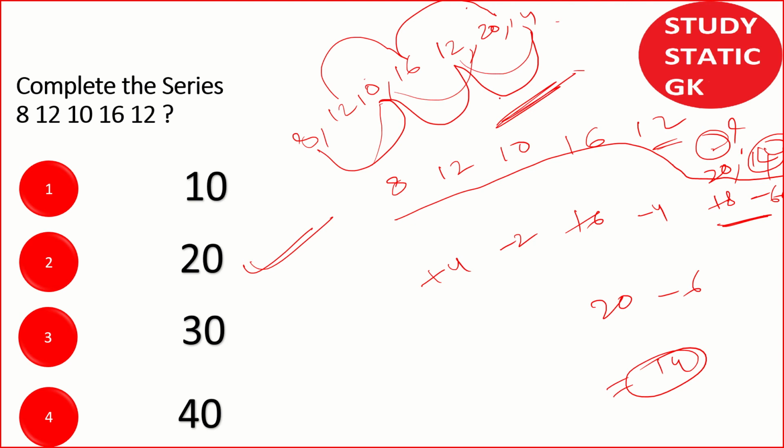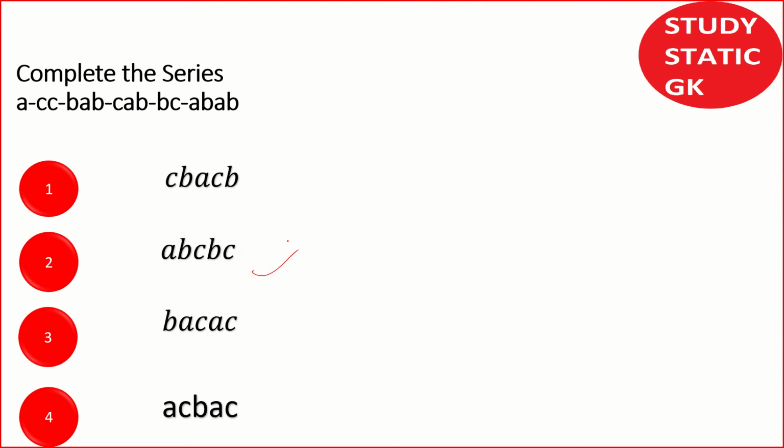So this is a dual series also. But anyway, while adding and subtracting with the same difference, plus 4, minus 2, plus 6, minus 4, plus 8, minus 6, we are going with the sequence. The minuses are all in the same sequence, the difference is 2, and the additions also have the same difference. So we arrived at the solution, but you can think like this also. So the answer is 20.